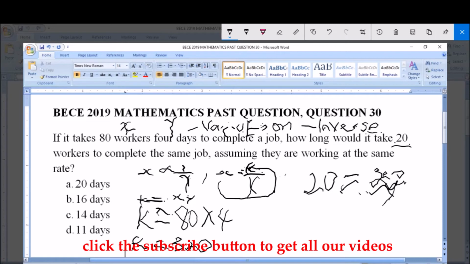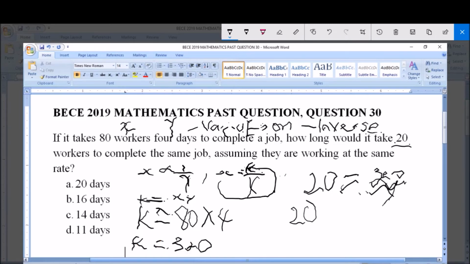Now when you cross multiply, you have 20y is equal to 320. Now divide both sides by 20, because we are trying to find y. 20y all over 20 is equal to 320 all over 20.